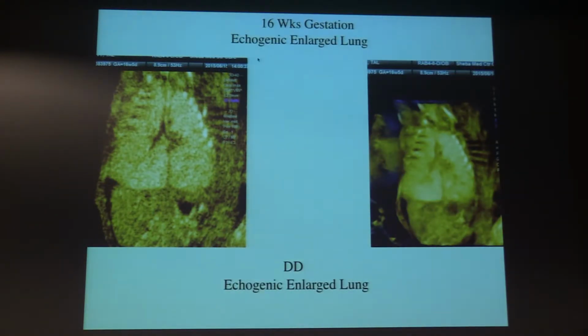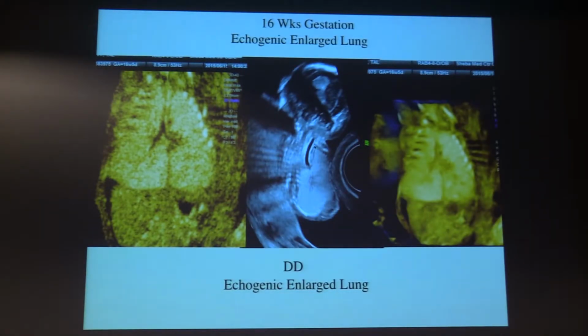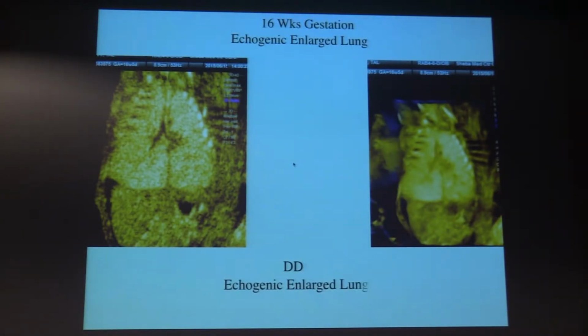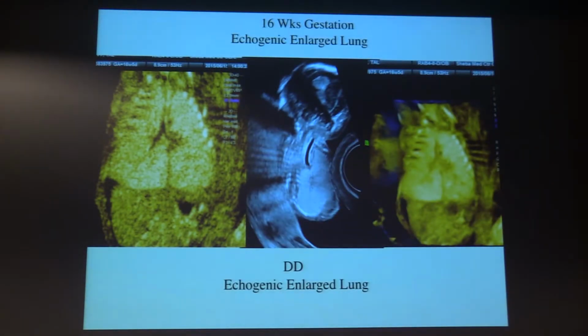And we got an echogenic enlarged lung because the trachea is occluded. The differential diagnosis for the enlarged trachea is what we call congenital high airway obstruction. When we have a laryngeal atresia, as you can see here, the larynx is occluded and the trachea is open and enlarged.